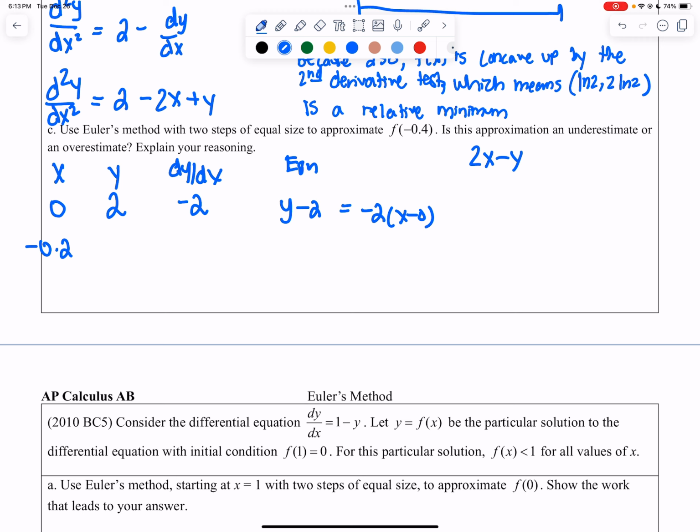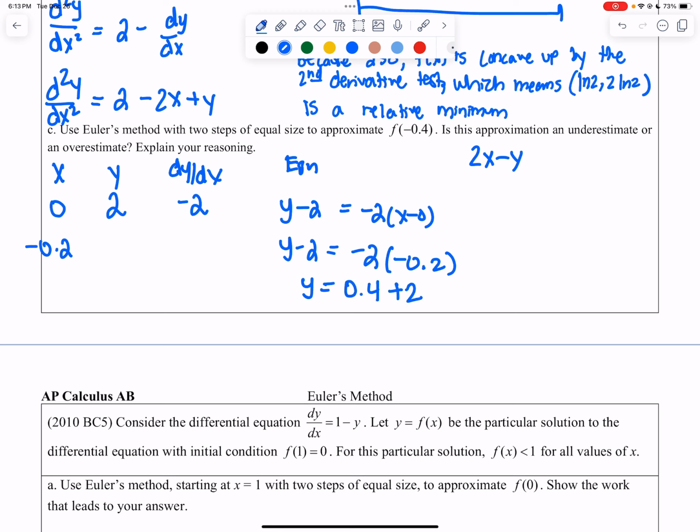Okay, so I'm going to substitute in negative 0.2 into the equation. That's going to give me, why am I blanking out? 0.4, oh my gosh, 0.4 and then plus 2.